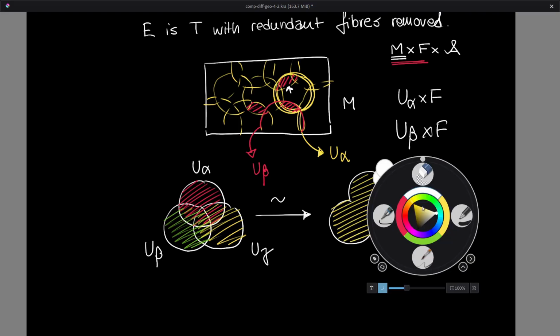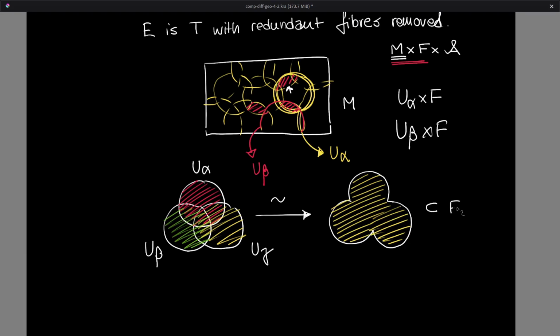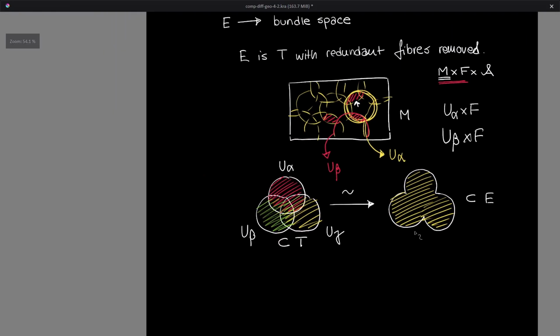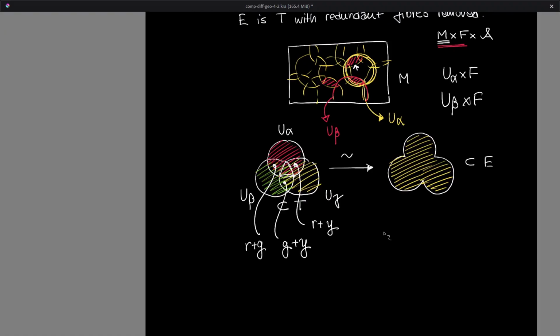So this is a subset of E, and this is a subset of T. I hope that makes sense. So we've deduplicated the points. Each fiber only appears once for every point on the manifold, whereas here you can see that there's a red fiber and a yellow fiber. Here there's a red fiber and a green fiber, and here a green and a yellow fiber. So we have duplication, and in the middle you have all three, right?